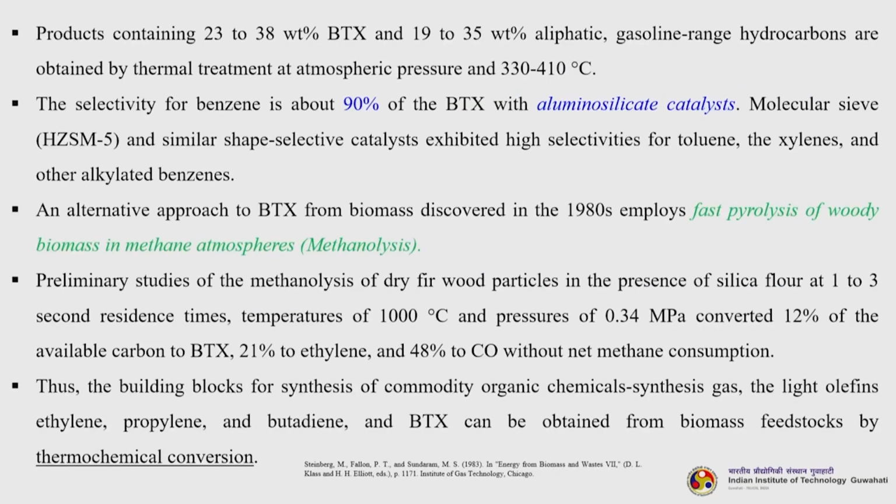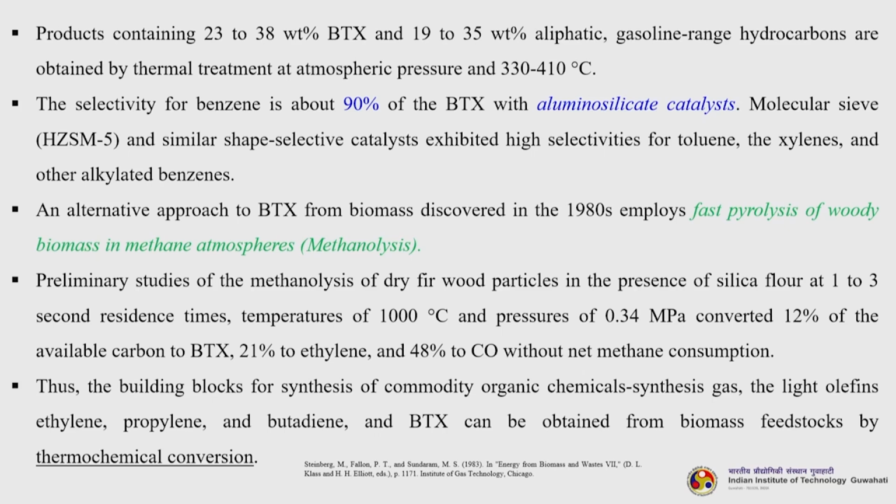Products containing 23 to 38 weight% BTX and 19 to 35 weight% aliphatic gasoline range hydrocarbons are obtained by thermal treatment at atmospheric pressure and 330 to 410 degrees centigrade. The selectivity for benzene is about 90% of the BTX with aluminosilicate catalyst. Molecular sieve and similar SAPO selective catalysts exhibited high selectivities for toluene, the xylenes and other alkylated benzenes.